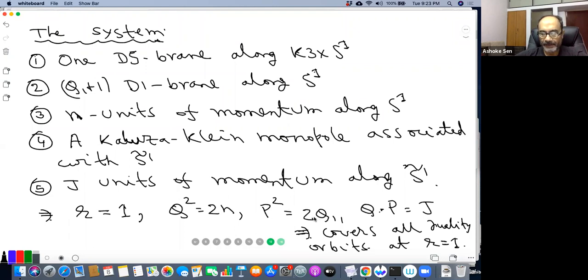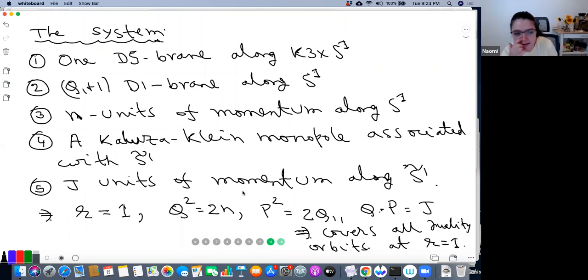Okay, thanks. I have a two-part question. So just to make sure I understand, the reason that we've picked all these objects here is to engineer the right charges to get the duality orbits on the heterotic side, right? So we know what we want on the heterotic side and we pick the right objects.